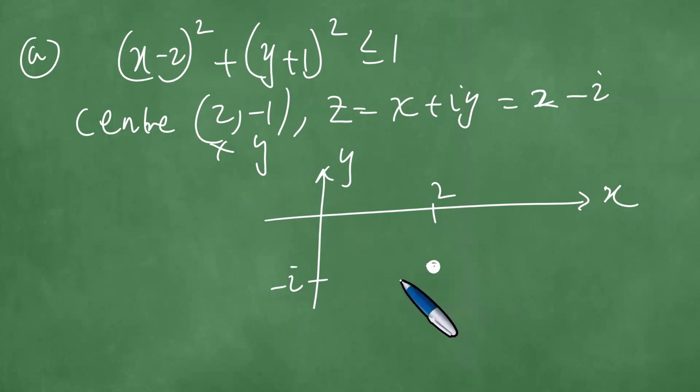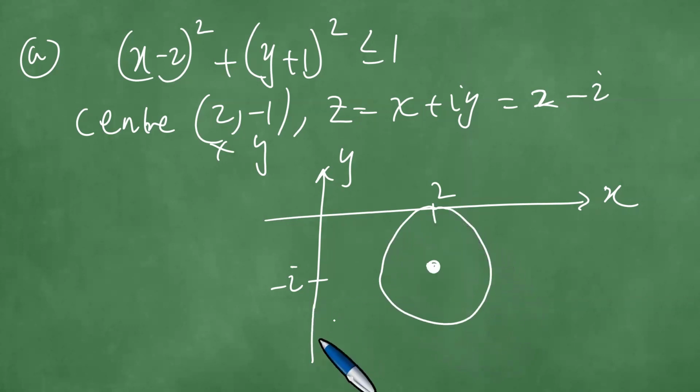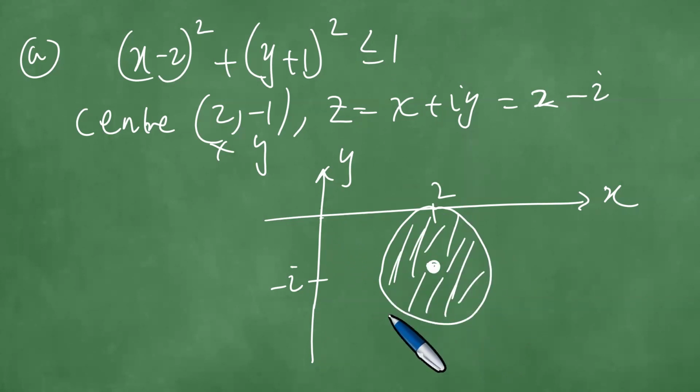So the radius is 1, and the circle is not going to touch the axis, because the distance from here to here is 2. But this is less or equal to, so it includes the boundary. Obviously, there are a couple of questions we need to answer about this.